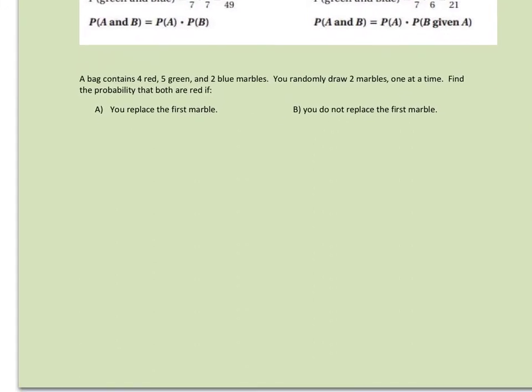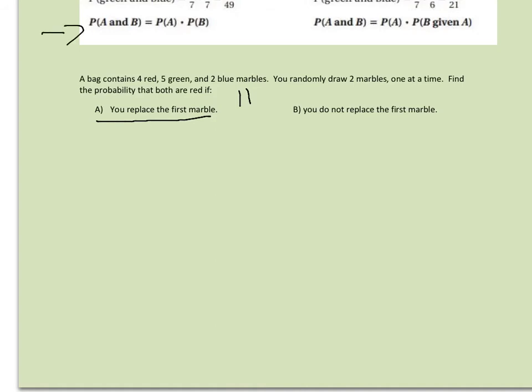Alright. A bag contains 4 red, 5 green, and 2 blue. Okay, so I know that I have 11 total. You randomly draw 2 marbles, one at a time. Find the probability both are red. So you replace the first marble. That means independent.